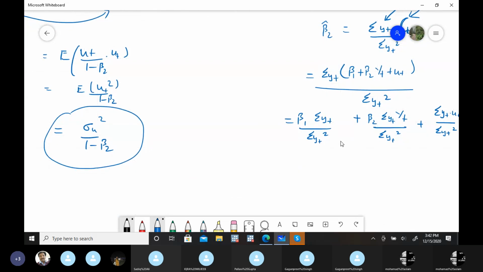As we know, this particular term will be 0, as in the earlier case where summation xi is equal to 0. The same thing will be here. Then, as we have there, summation ki xi equal to 1. So this term will be 0, and only beta 2 plus summation yt ut upon summation yt square remains.